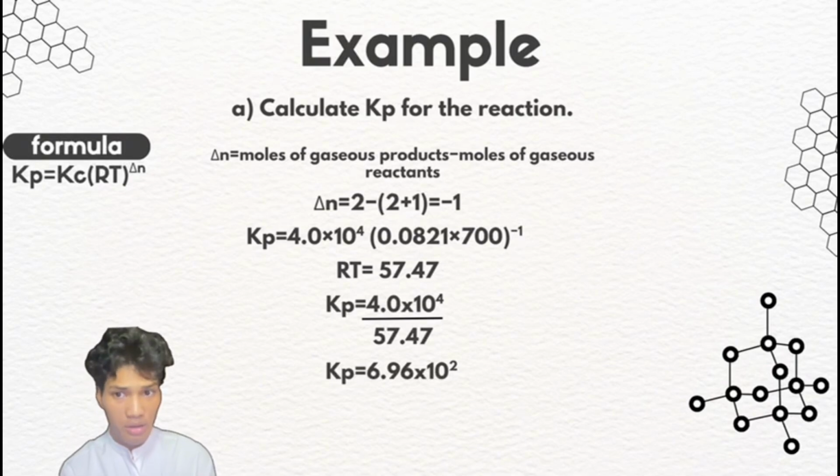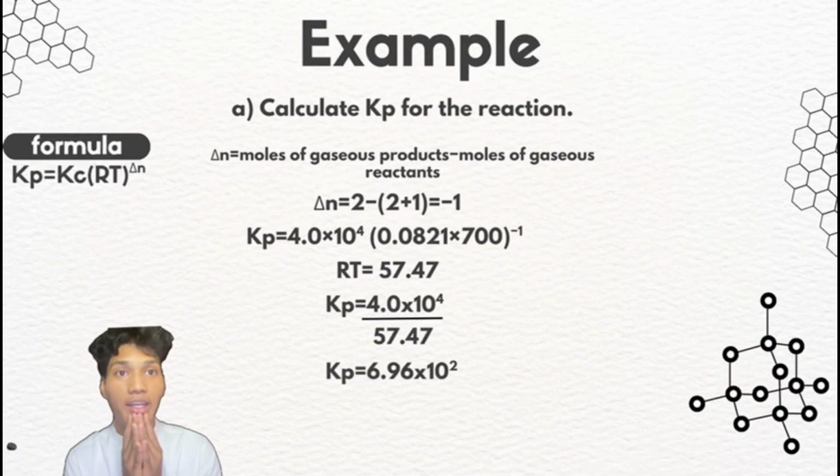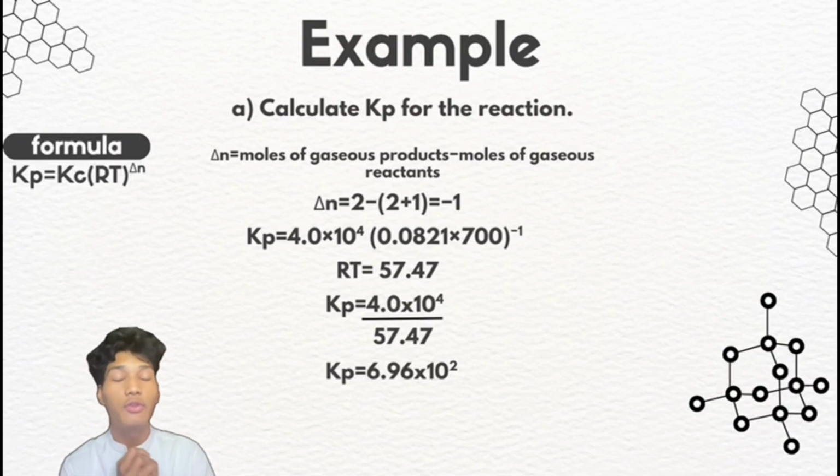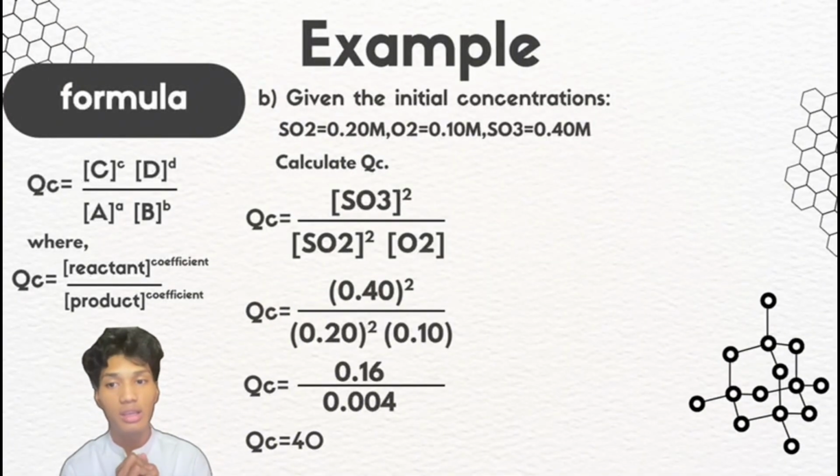We multiply by R and T, which is 0.0821 times 700, to the power of negative 1, which is Δn. RT gives us 57.47, and Kc is 4 times 10 to the power of 4. So we divide it by 57.47, and we get Kp, which is 6.96 times 10 to the power of 2.